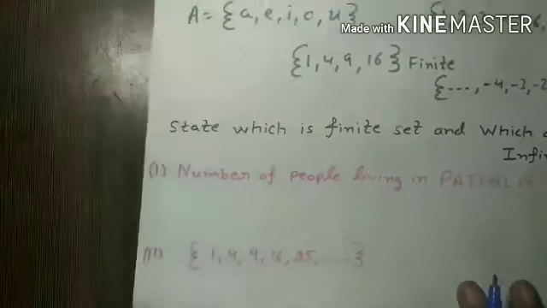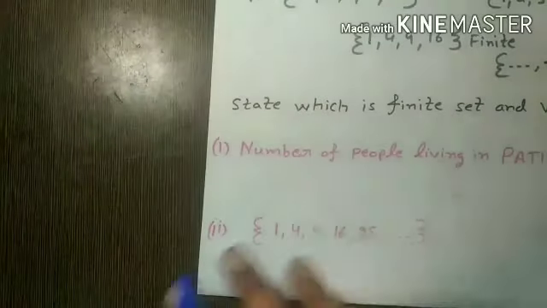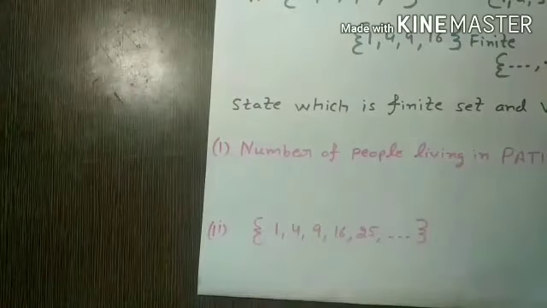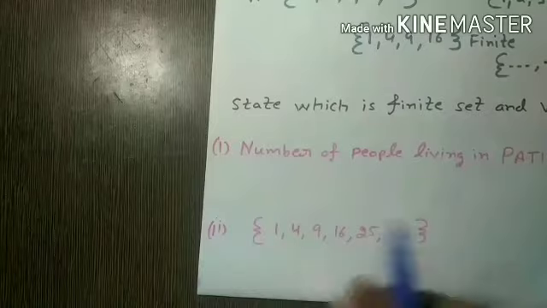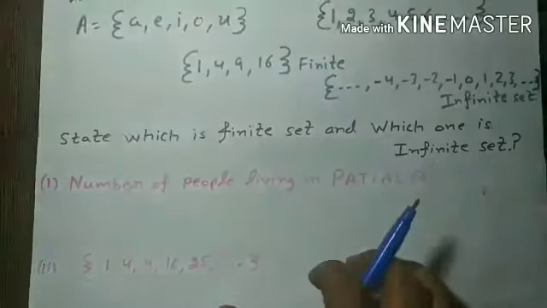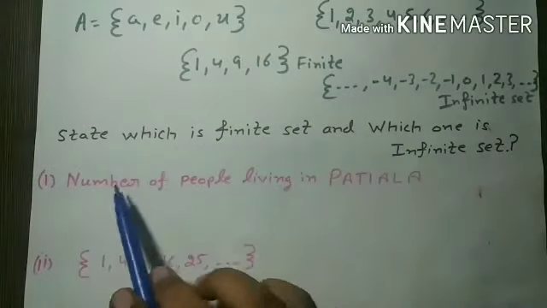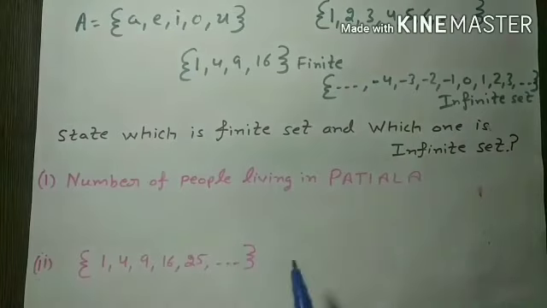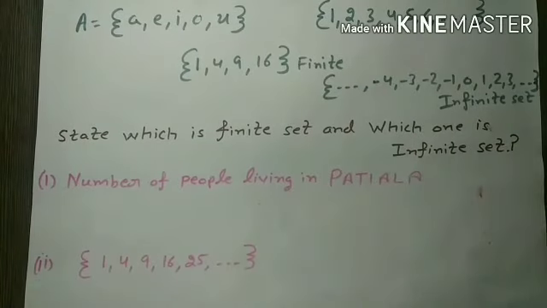Now our question is, state which is a finite set and which one is an infinite set. You can see the full question. Number of people living in Patiala. How many people are living in Patiala? Can it be counted or not? Clearly it can be counted because after every 10 years there is a census.